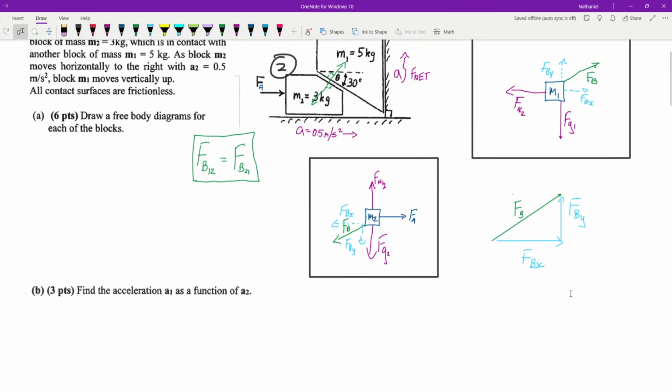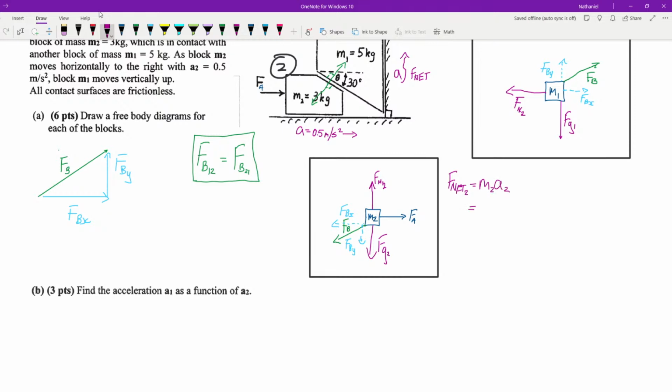So let's start to do it. FNet2 is M2 times A2, so we can actually calculate what FNet2 is. We have M2, it's 3. Let's do our inventory here: M1, A2, and A1, we don't know.